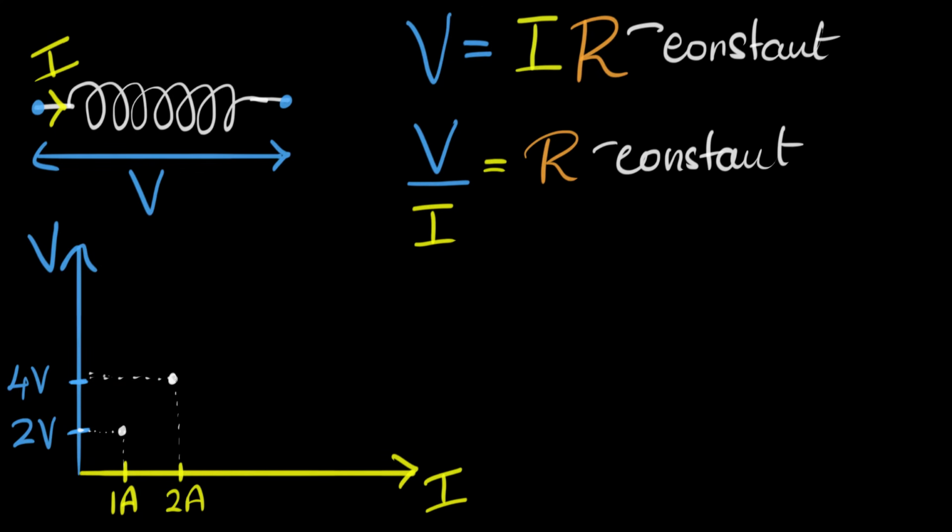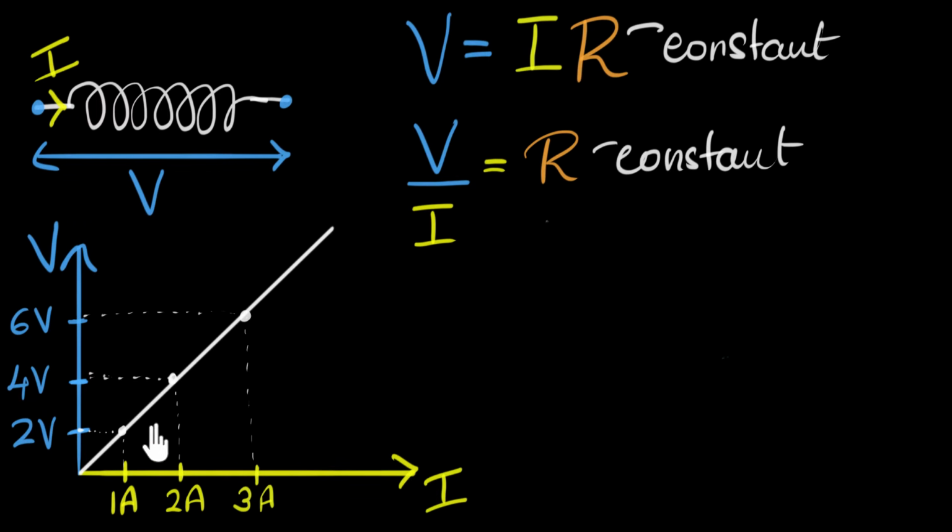And similarly, if I triple the voltage, so I make it 6 volts, then the current must also get tripled, 3 amps. And so that point would lie somewhere over here. And what you can notice now is that if you join all these points, they lie on a straight line.